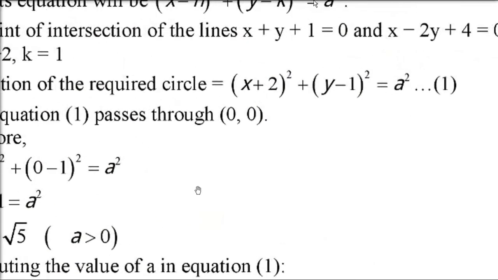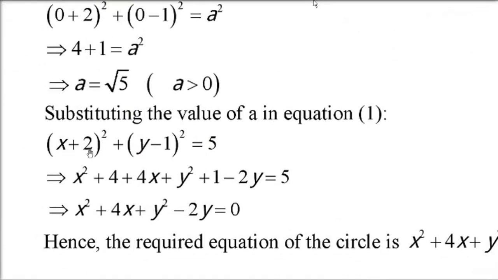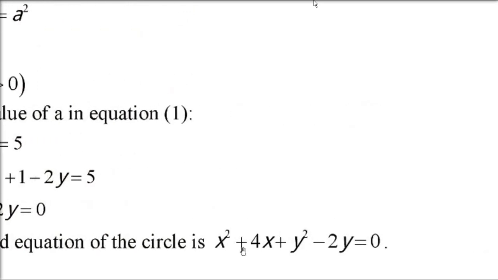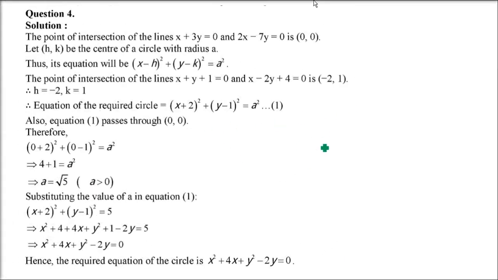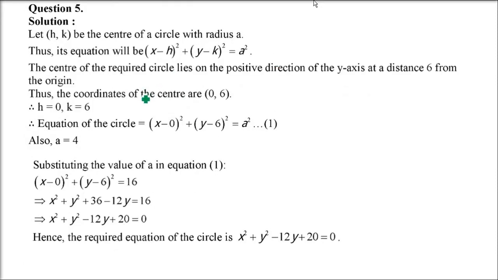When a is root 5, put this here: x plus 2 whole square plus y minus 1 whole square equals 5. Just open this and resolve it. You will get x square plus 4x plus y square minus 2y equals 0 as the final equation. I'm not doing it completely because there is nothing special about it. Whenever something special comes, I'm going to solve it.